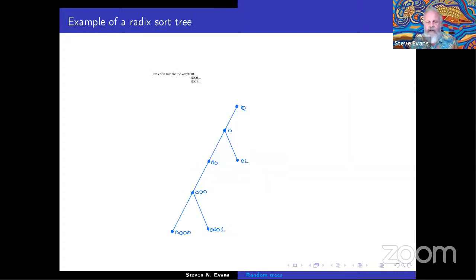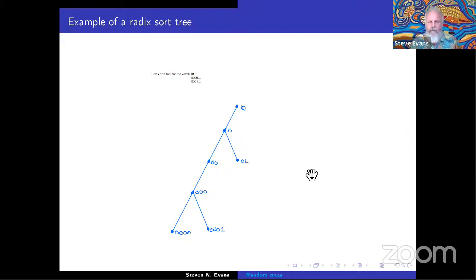So if I wander around the outside of the tree in a depth first way, I visit 0, 0, 0, 0 first, then 0, 0, 0, 1, and then 0, 1, and that's visiting the corresponding infinite words in their lexicographic order.